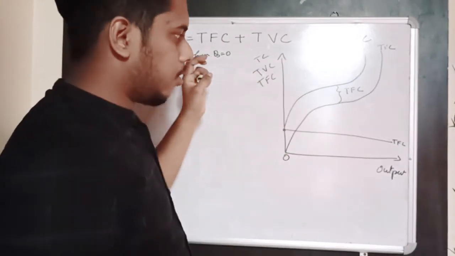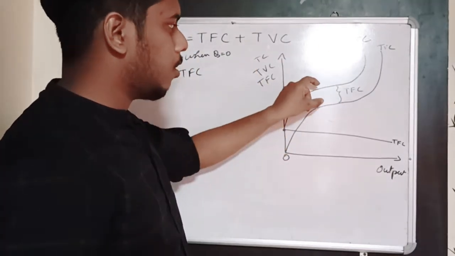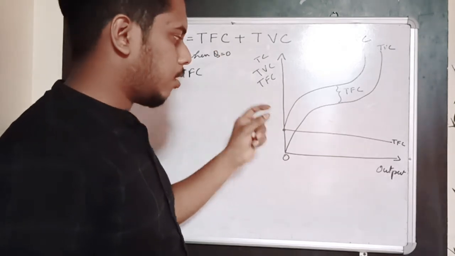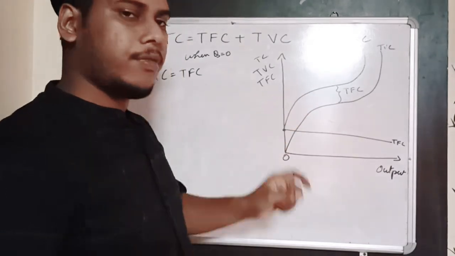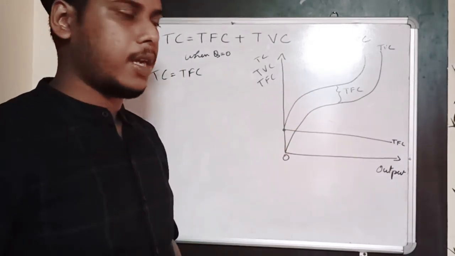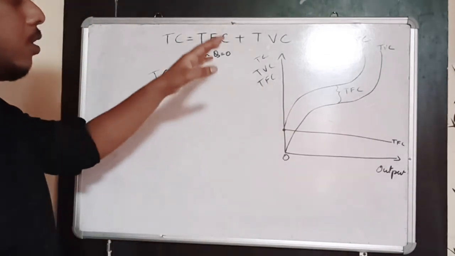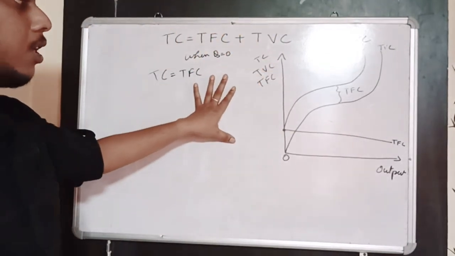No matter if the output increases or decreases, the gap between them will remain constant, because the gap between them indicates total fixed cost, and the total fixed cost remains constant over the entire spread of output. So this is the shape of the total curves.